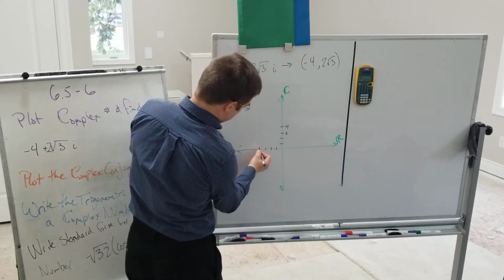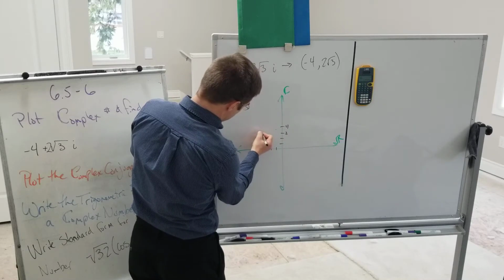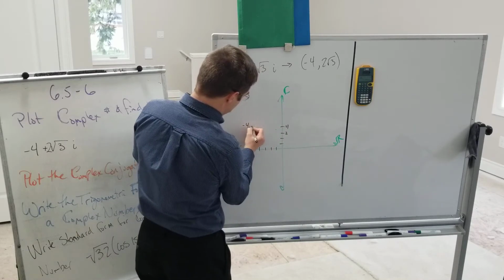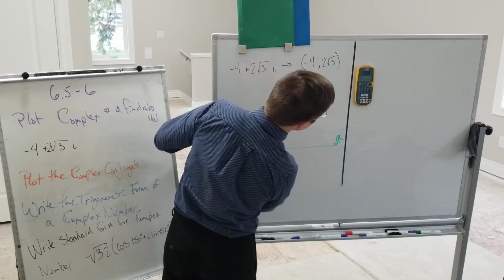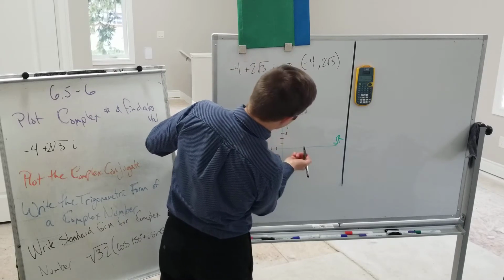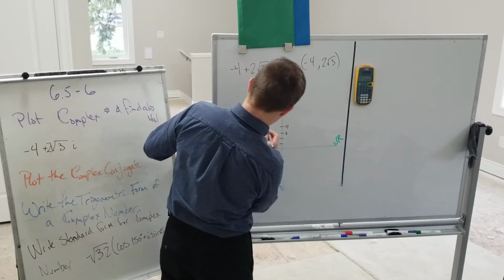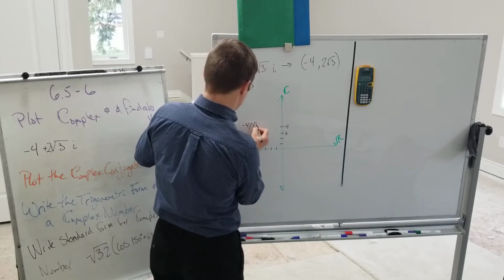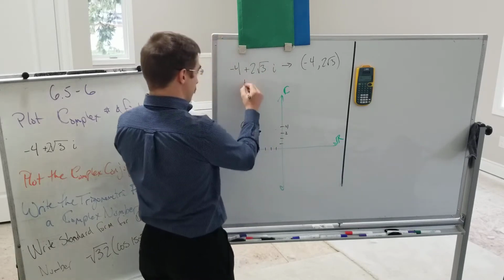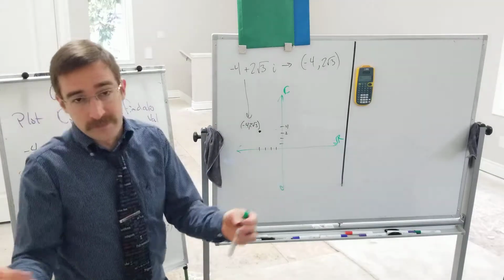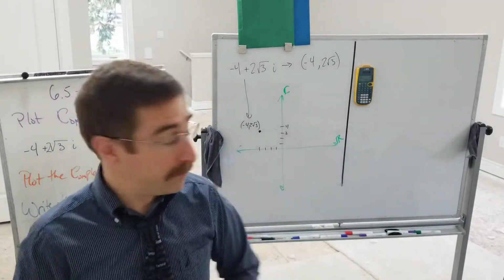So I'm at -4. I'm just going to estimate here. -4 comma 3.46-ish there. So that's 2 root 3. That is this point plotted on the complex plane.